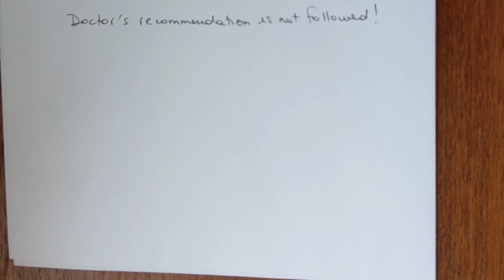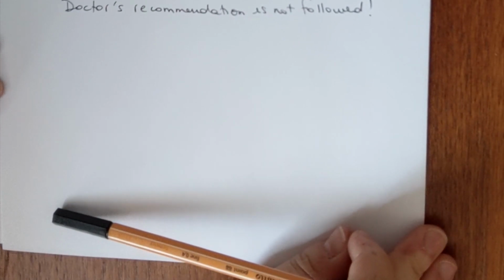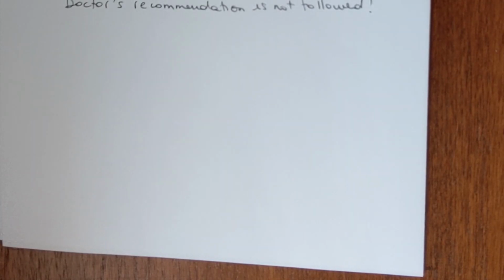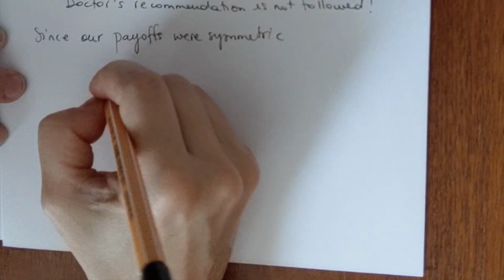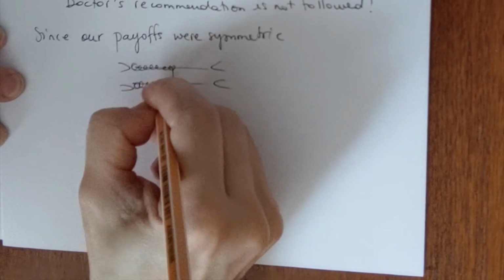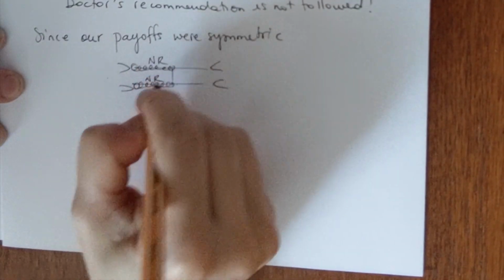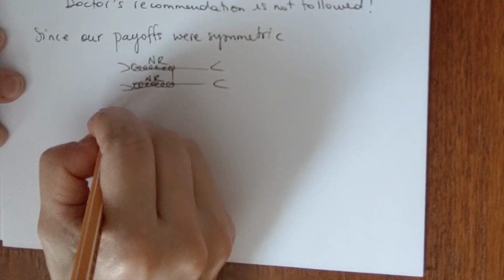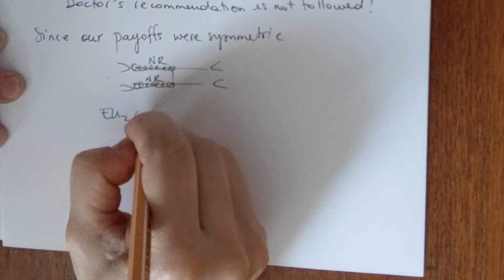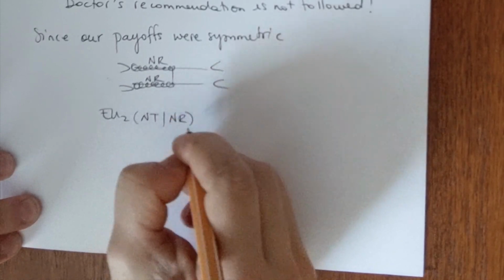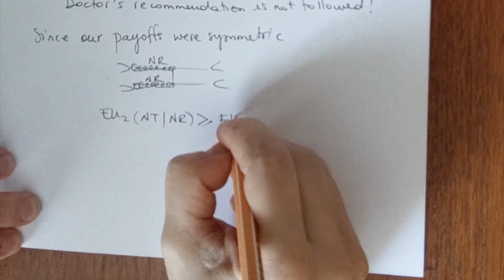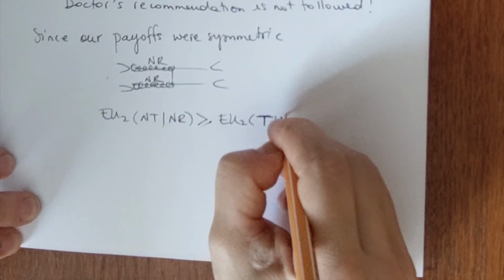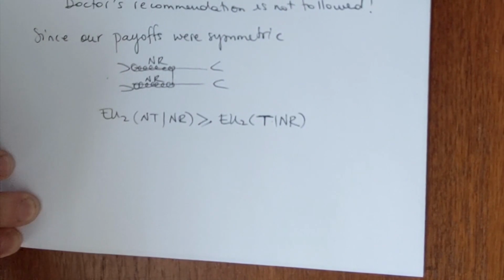You say, well, what about the other pooling equilibria? What if we consider the case where mu is the free parameter and the same holds true? Since our payoffs were symmetric, we can then generalize this scenario, which is the opposing scenario for the other pooling equilibria, that the expected utility for player 2 for not testing, given he receives the signal not recommend, is greater than or equal to the expected utility for taking the choice test given he receives the signal not recommend.